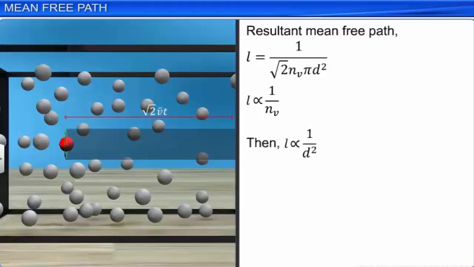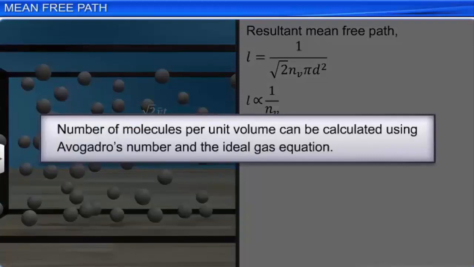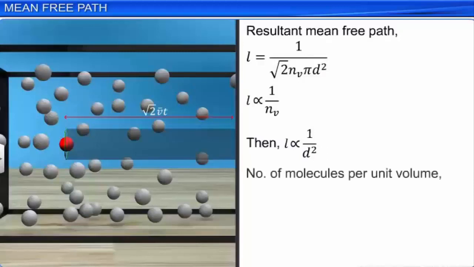The number of molecules per unit volume can be calculated using Avogadro's number and the ideal gas equation. The number of molecules per unit volume, nv, is equal to n times Avogadro's number, Na, divided by V, where n is the number of moles of the gas.